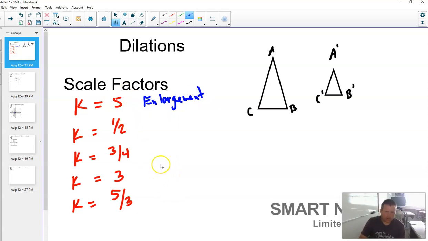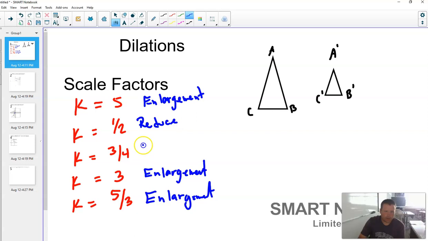So this one here would be an enlargement, and same with this bottom one, because 5/3 is bigger than 1. And then anything that is less than 1 is a reduction. So this would reduce here, it's going to make it smaller, and this would reduce here as well.